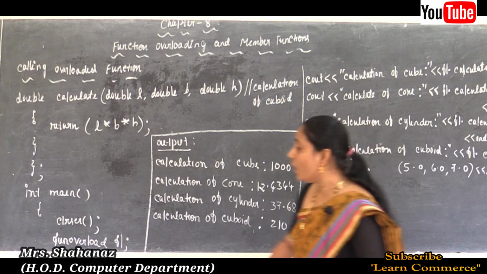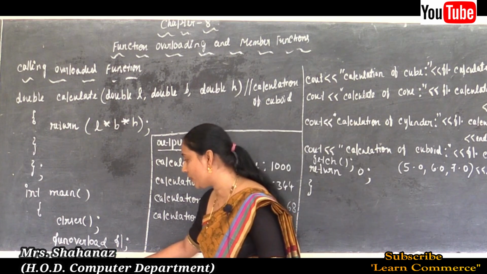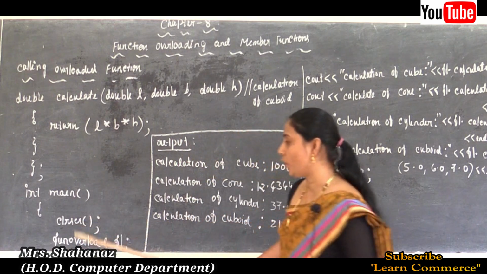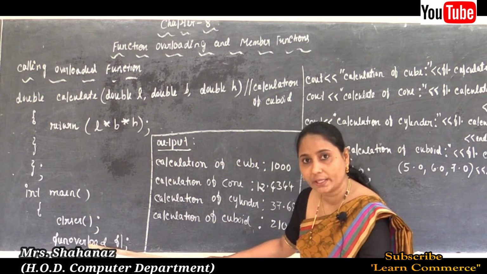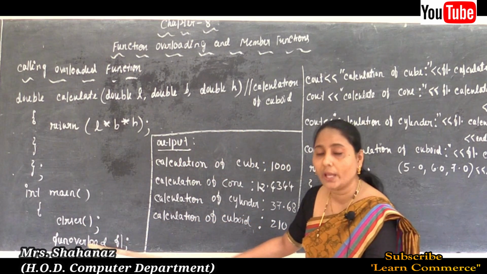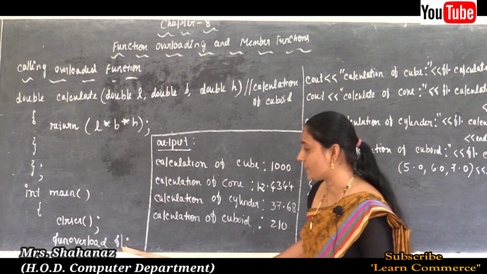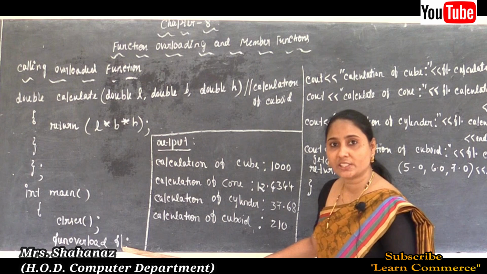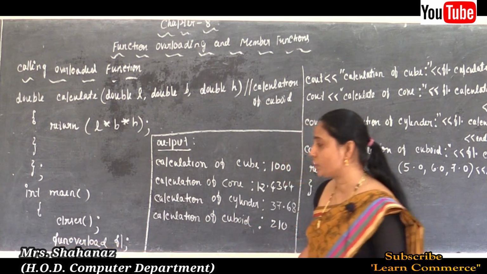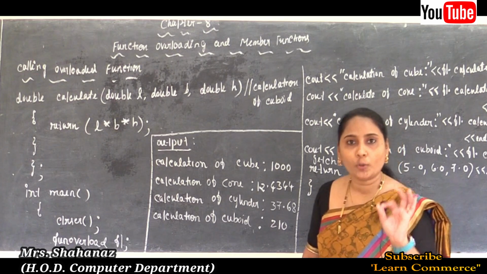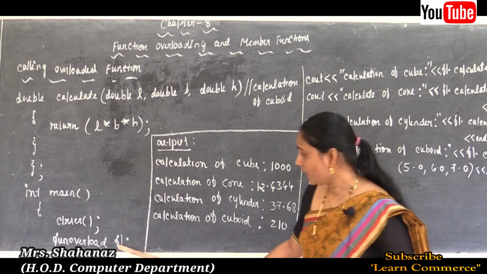For the declaration of the object, first of all we need to take the name of the class. The name of the class is funoverload, and F1 is the object name. So just this line can be used as the declaration of the object by using the class name.